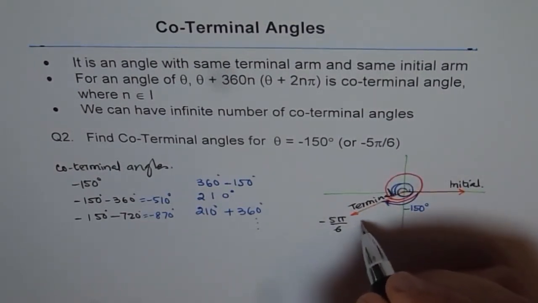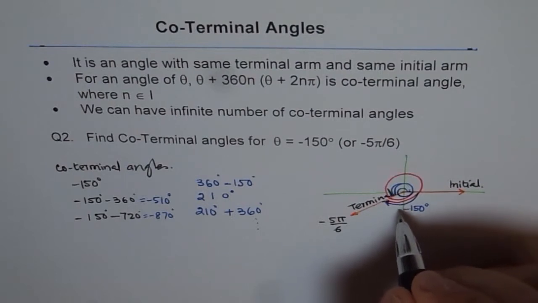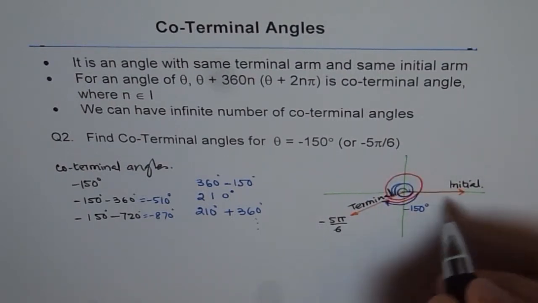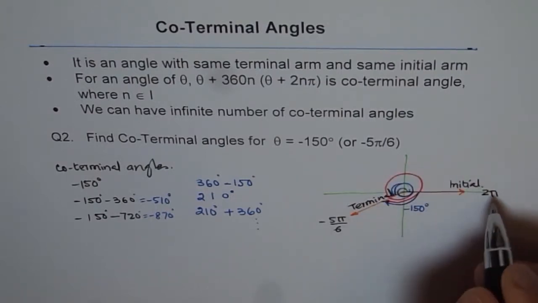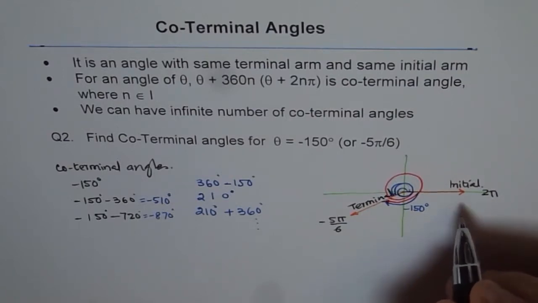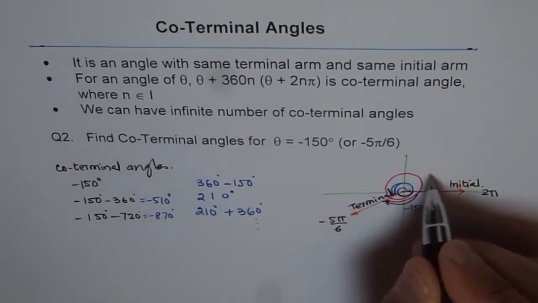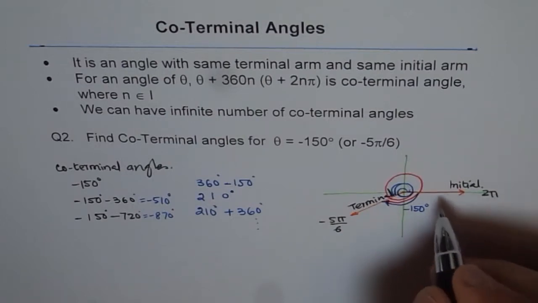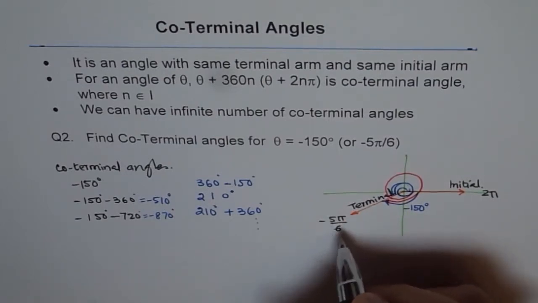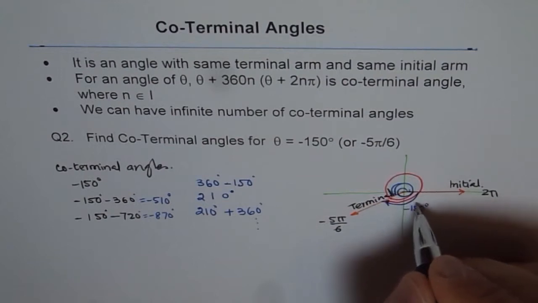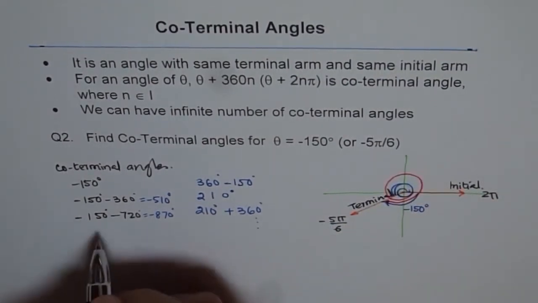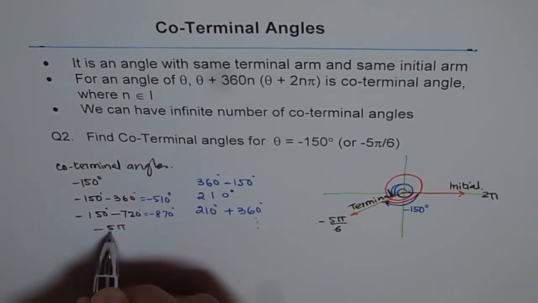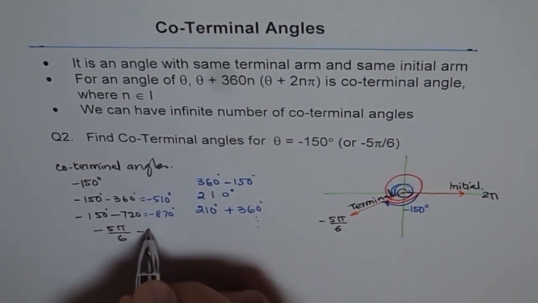So one way to look into it is, total in fractions of 6 will be, when we write 2 pi, you see 2 pi is full circle, correct? 2 pi in 6 terms could be written as 12 pi by 6. Do you see that? So we should add 12 pi by 6 each time to get more circles. So if I go one more circle, then this will be minus 5 pi by 6 minus 2 pi, right?